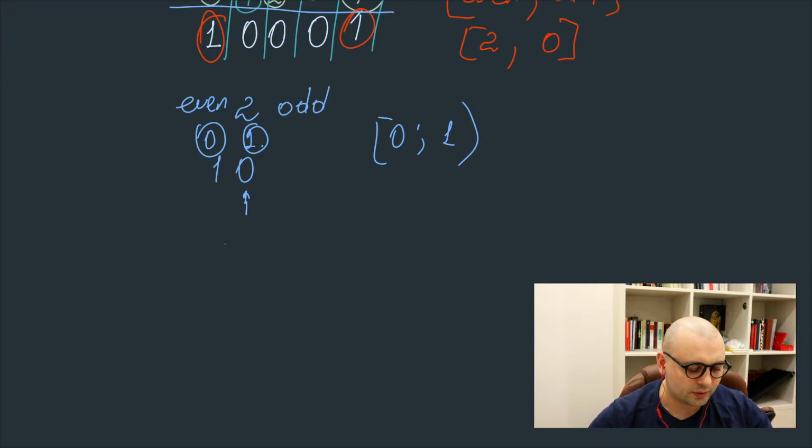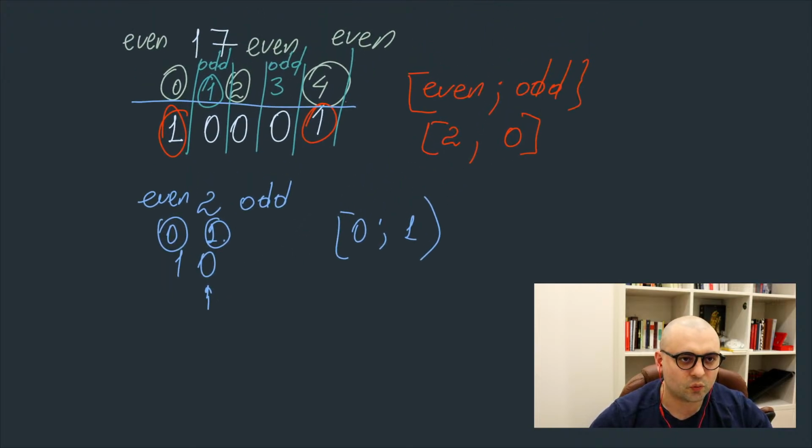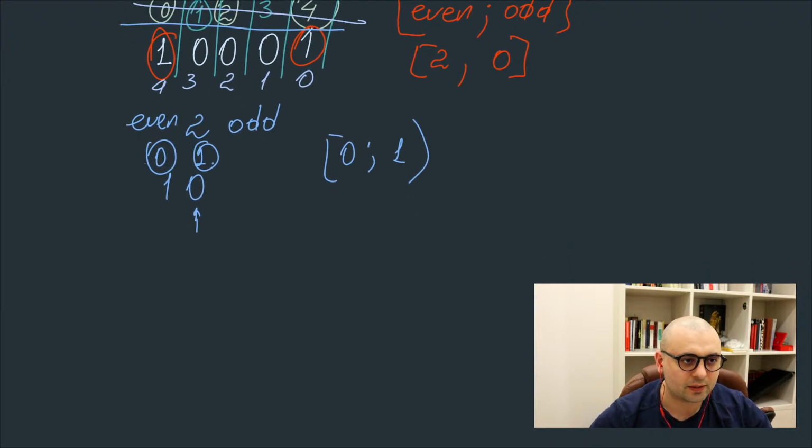So they count the binary representation, but they do not go from left to right, but from right to left. So it's vice versa. So instead of this, it will be starting like 0, 1, 2, 3, and 4. So the result will be the same, but this will solve the second issue.